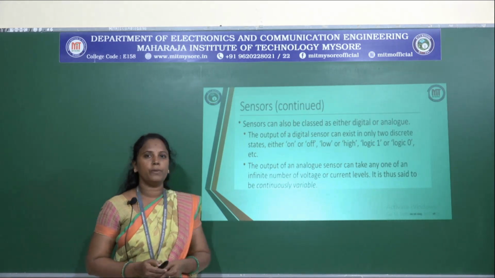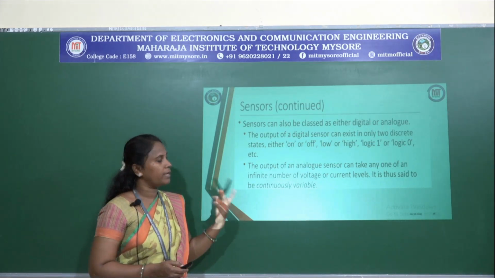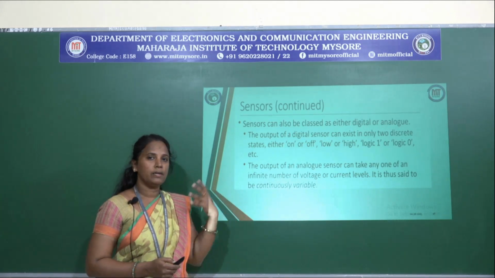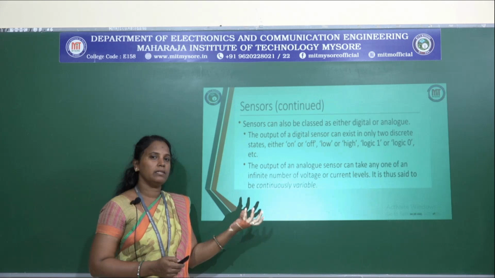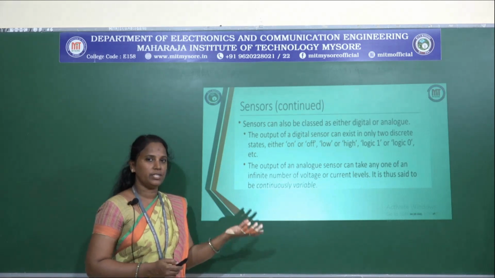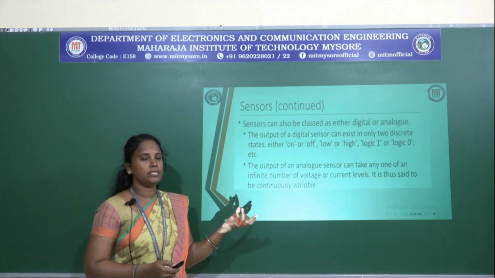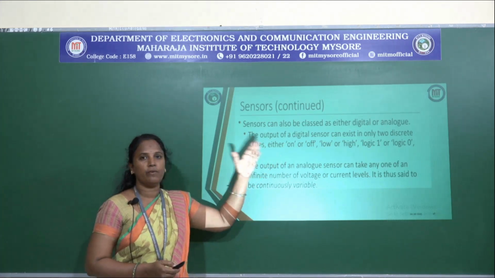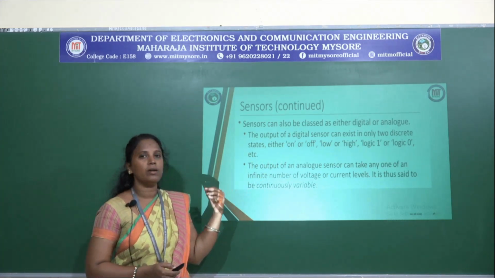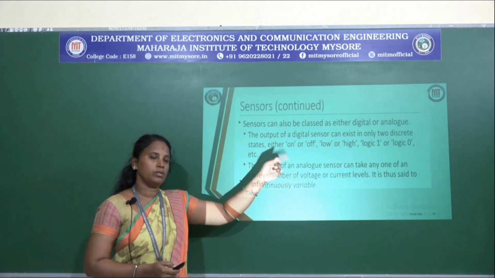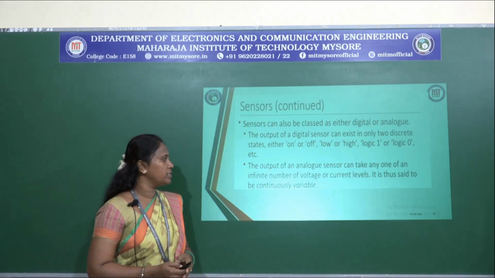Then sensors are also classified into two types, that is analog as well as digital. That means if you want to represent the sensed signal in terms of digital, you can also display it in terms of digital. Digital means it can be in terms of on and off, or an active high or an active low signal, or a logic 1 or logic 0 representation.